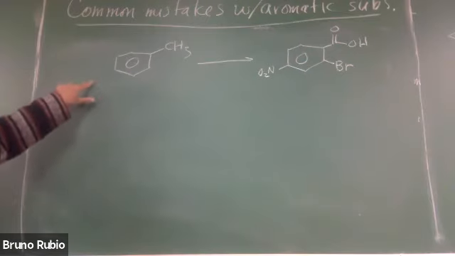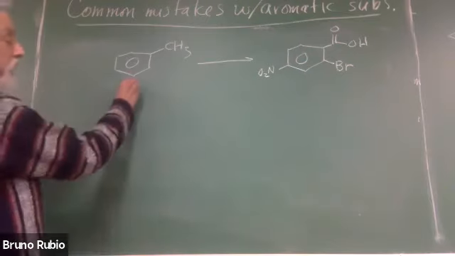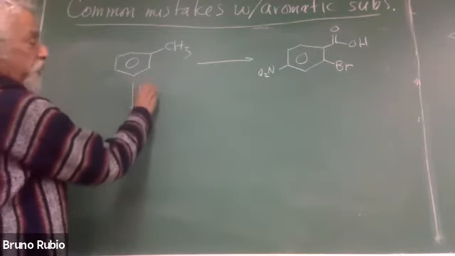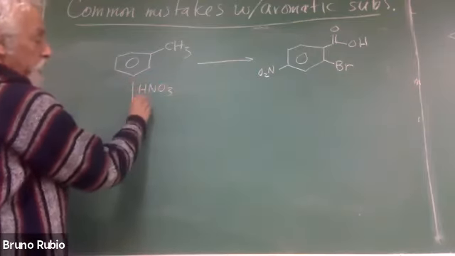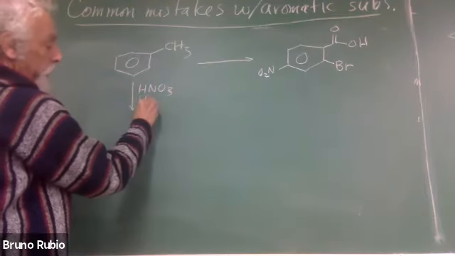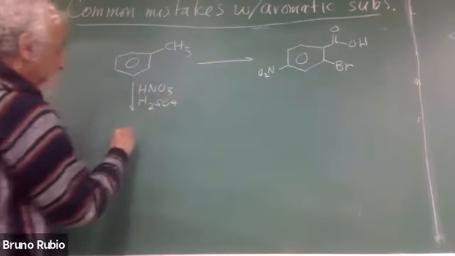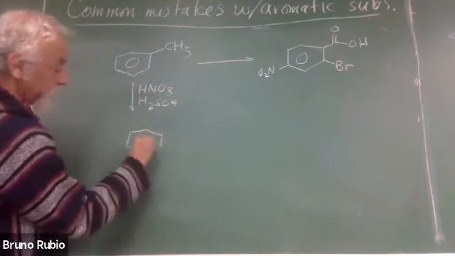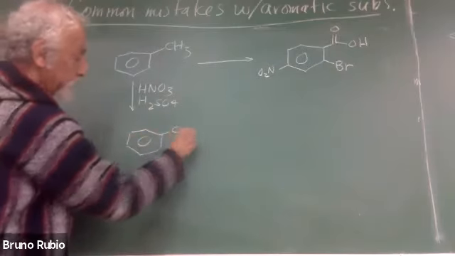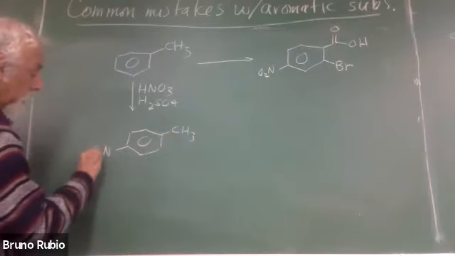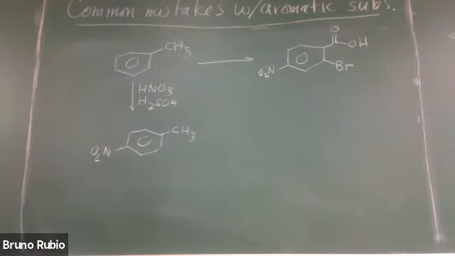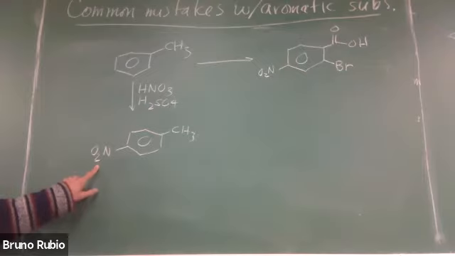I don't want that. So I guess the molecule is telling me that the first thing I need to do is to nitrate, right? And that puts the nitro group exactly where I want it to be. Now that's a meta director, class 3.